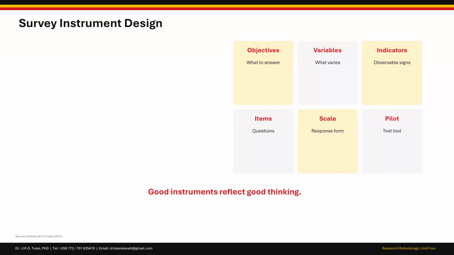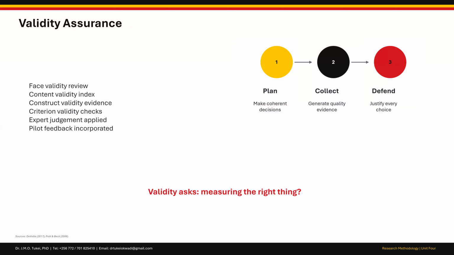Colleagues, having said that, validity is assurance, and it is very important. When you are testing and ensuring validity and reliability, validity refers to whether the instrument measures what it is intended to measure, whereas reliability refers to whether it produces consistent results.